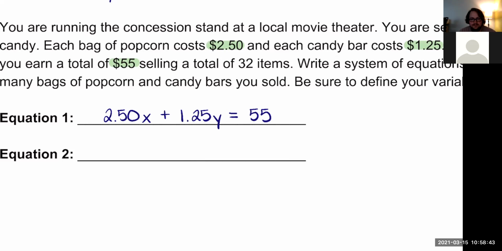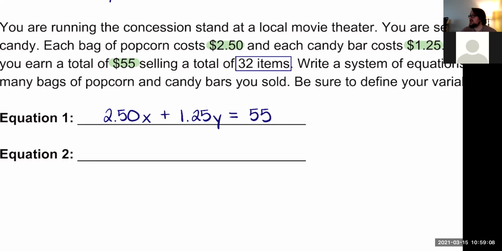Looking good so far. But then we have this fourth value here, 32 items. That's not measuring money. Think about it, that's measuring quantity. What made up that total of 32 items?